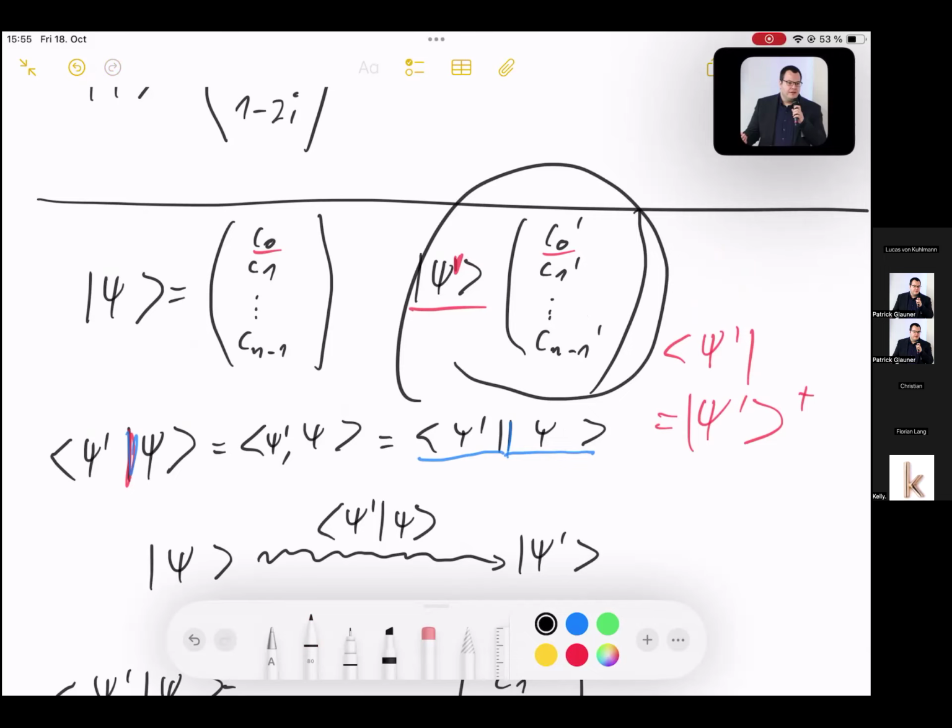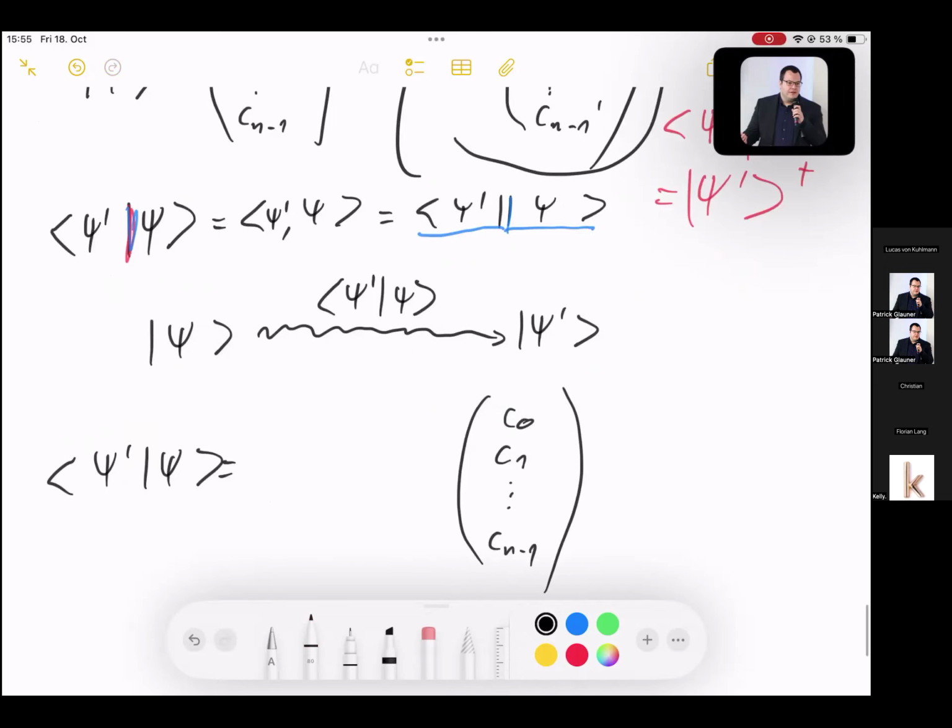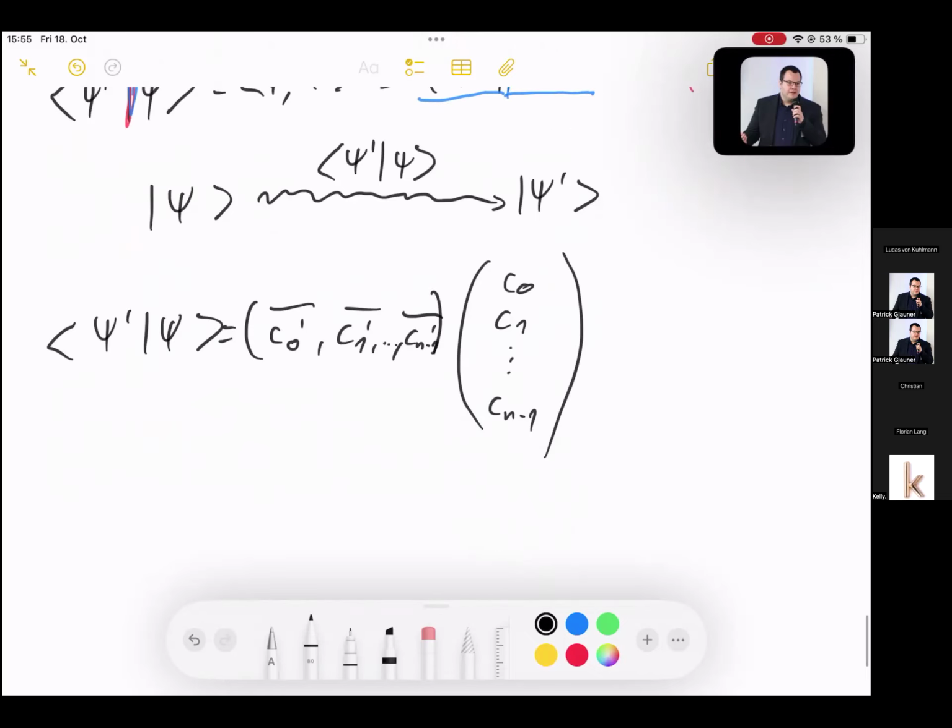So we apply the dagger to this. That means we get our column vector, which we had just practiced, which is C0 prime conjugate, C1 prime conjugate, up to Cn minus 1 prime conjugate. And we multiply these together.